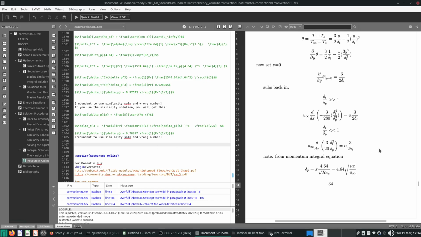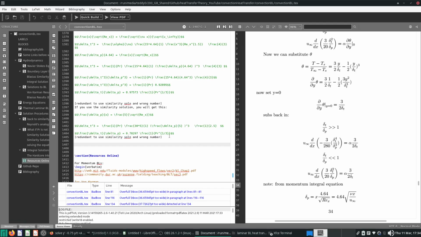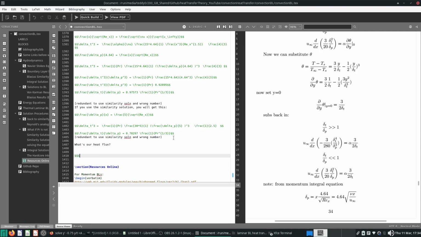Okay, so what's our heat flux? We have our dimensionless heat flux or dimensionless temperature gradient at y equal to 0, and let's try getting the Nusselt number correlation. So that's 3/2 delta t.